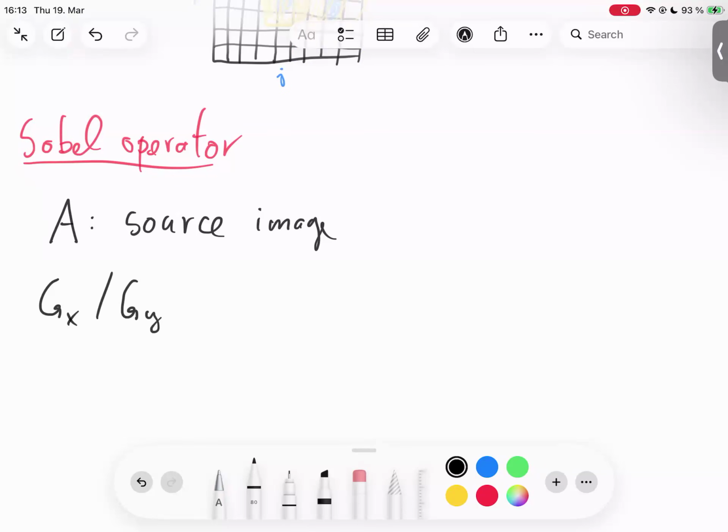These are new images, and they are, in fact, the vertical and the horizontal derivatives in the image. They show us how the intensity changes along X and how the intensity changes along Y, because we need these changes of intensity to find the edges.